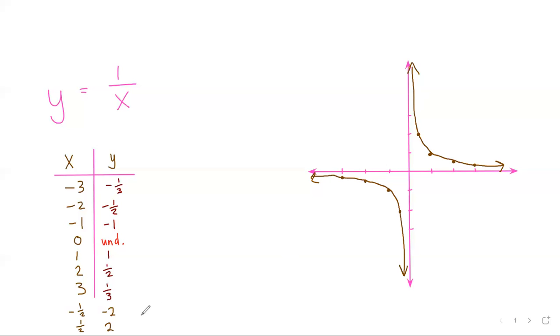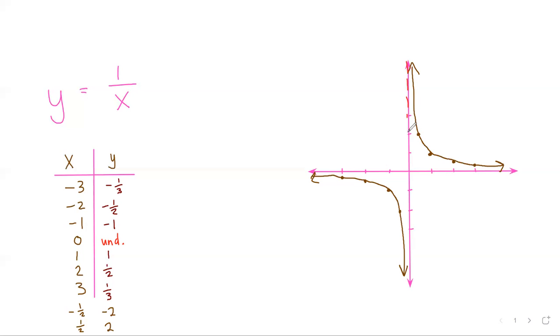What happens at x equals 0? Well, that's undefined. And that means that there's a vertical asymptote there. Pretty much every rational function that you're going to graph is going to have a vertical asymptote somewhere, because if there's a variable in the denominator, then there will be some spot where the denominator equals 0, and that's undefined.